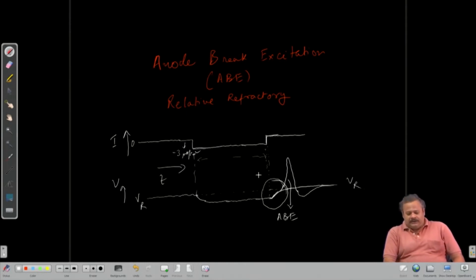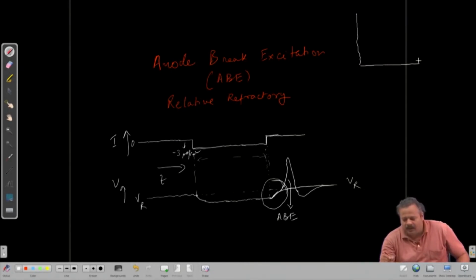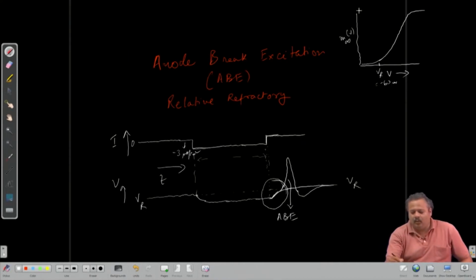So as we know, let us say this is V and the M infinity curve, M infinity as a function of voltage. Let us say this is our V rest equals minus 60 millivolts. We know that our M infinity goes like this and reaches about 1.